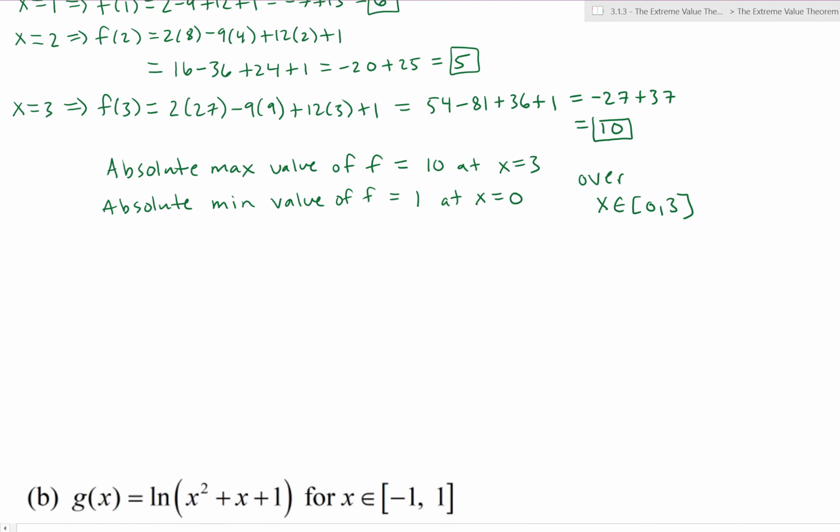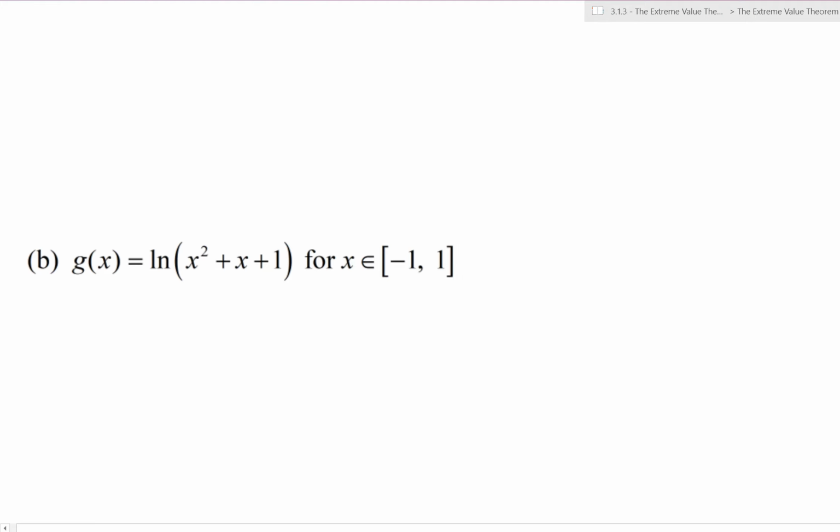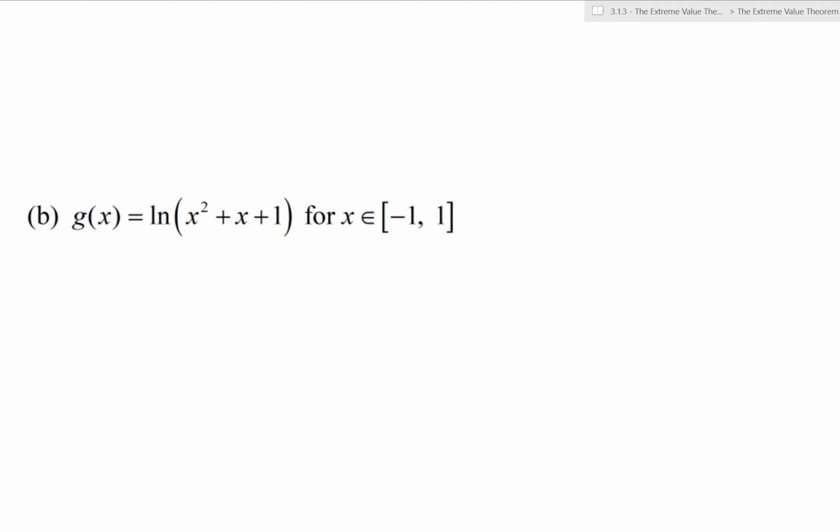Let's do one more before we wrap up the video. Here's another function, g of x, in this case the natural log of x squared plus x plus 1 over the interval x belonging to the closed interval -1 to 1. Now, take note, x squared plus x plus 1 is strictly positive, and so we don't have to worry about this function being undefined.